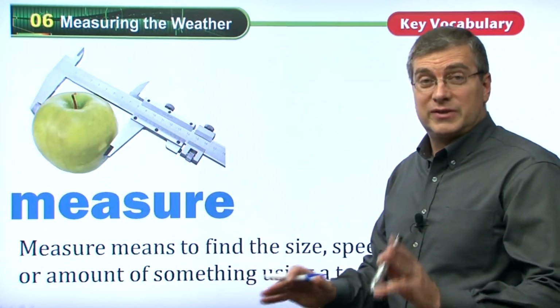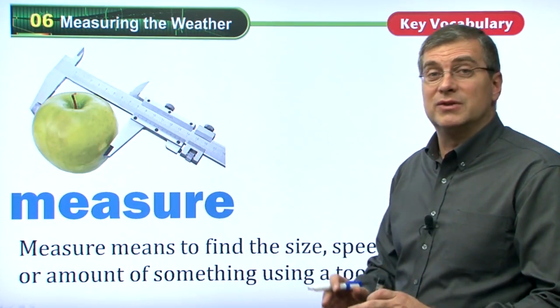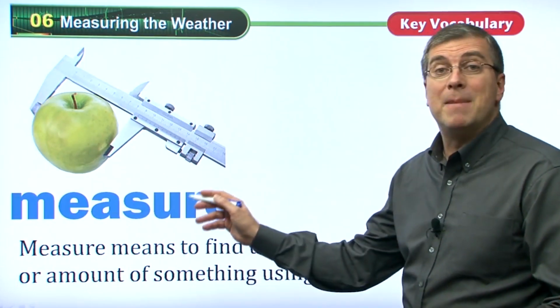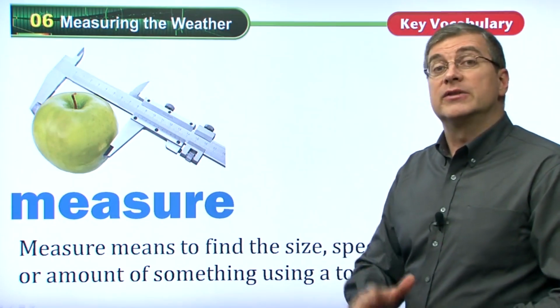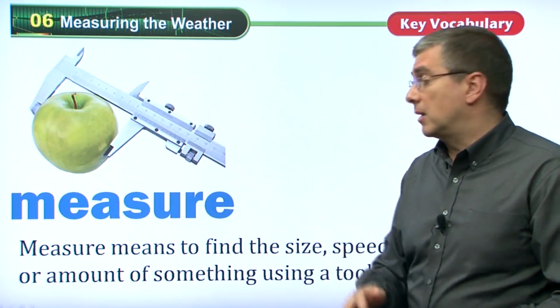Okay, before we start to talk about what the measurements are, we need to look at what does measure mean. What does it mean to measure something? There's three things we can talk about.